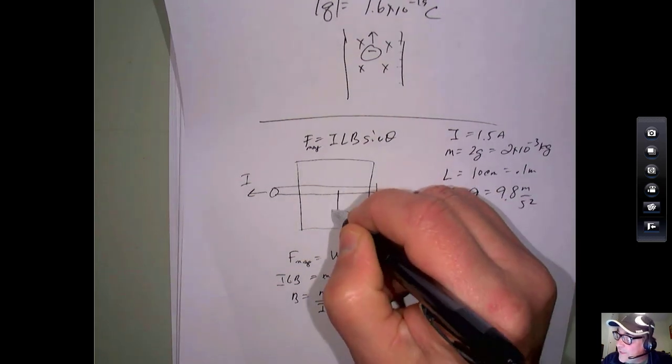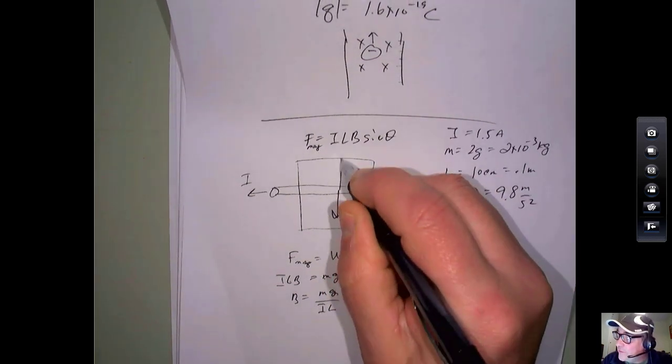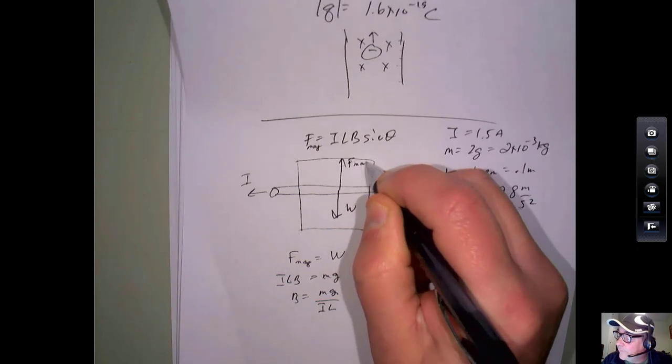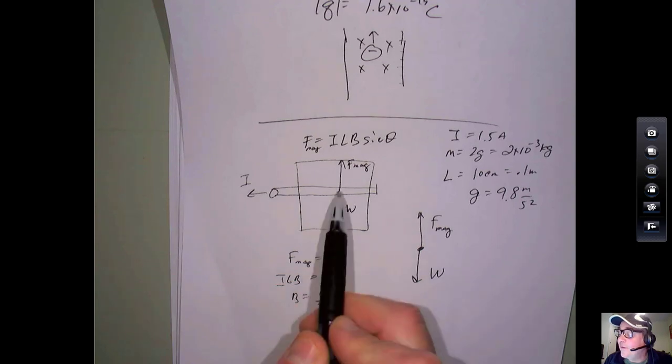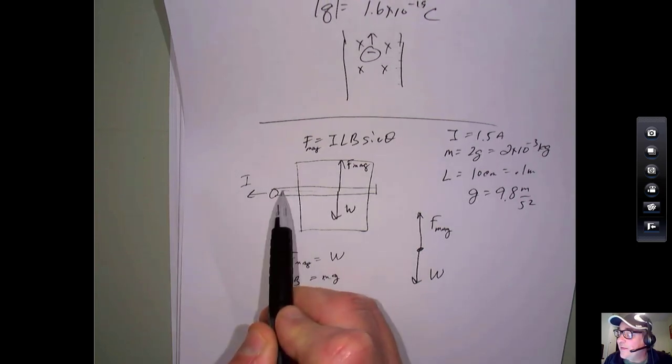So if the weight is down, we need the magnetic force to be up. So you have to use the second right-hand rule to figure out which direction the magnetic field is. Here's a hint. It's either into the page or out of the page. So line up V. V is the direction of the current. So this would be V. That's where your thumb goes.